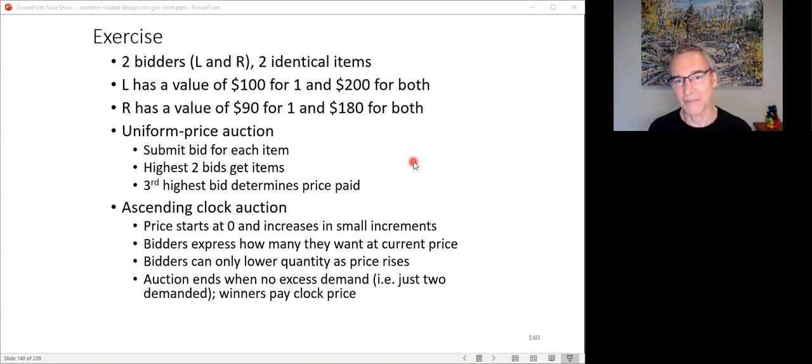And it's essentially the optimal bids; there's different things one can write down, but one version of the optimal bids would be for L to bid 100, 0, and for R to bid 90, 0. So 90 for the first and 0 for the second.